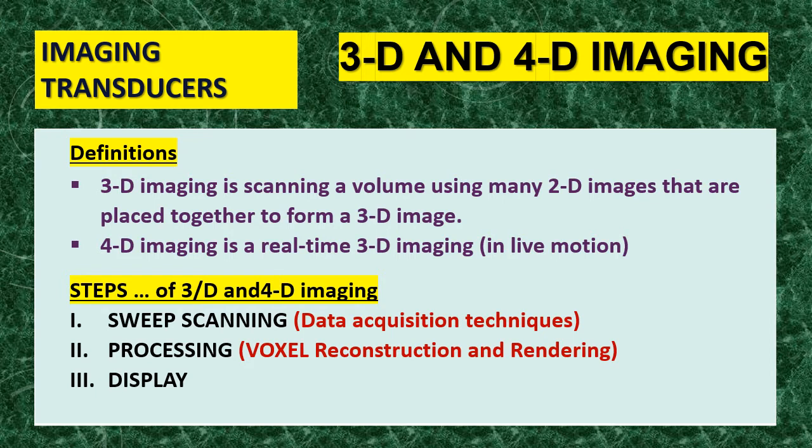This 3D virtual volume is displayed in different ways, in what we call surface rendering or volume rendering. And we'll cover this when we come to the point of rendering. Okay, guys?